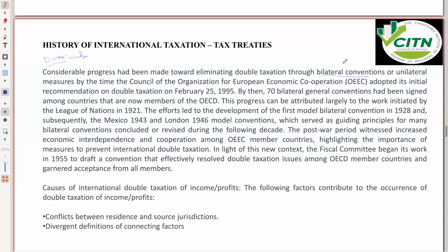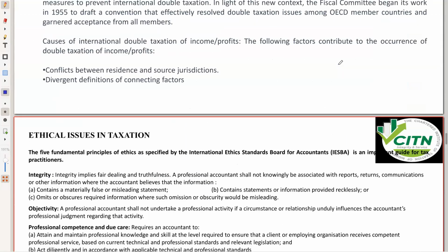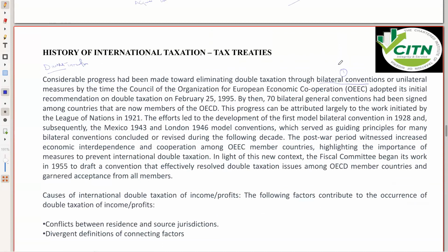So that's one approach. The second approach is to adopt the unilateral measures by the Organization for European Economic Cooperation. So this organization brings out a number of recommendations which some countries choose to adopt. Countries that adopt those do that because the provision of that rule helps to reduce the possibility of double taxation.